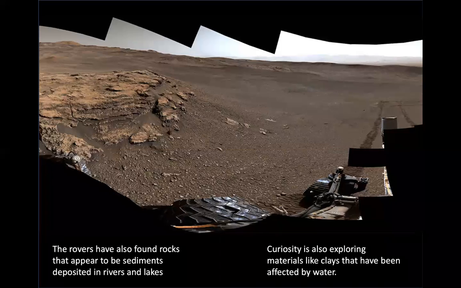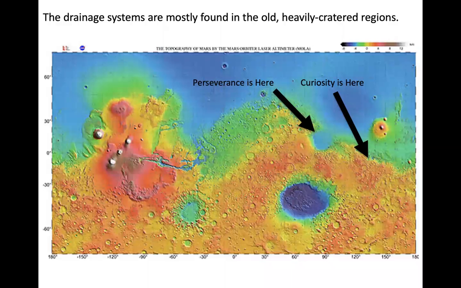This is actually what the Curiosity and Perseverance rovers are looking at right now. Curiosity was sent to actually investigate these types of rocks in detail. It carries a variety of instruments on board to make detailed measurements of them. But here's the thing.